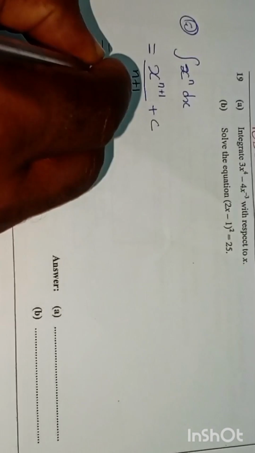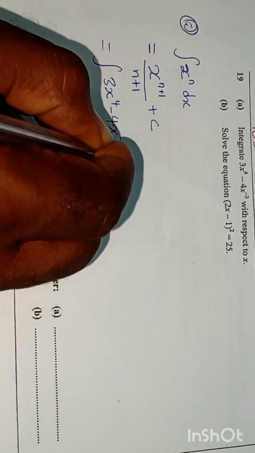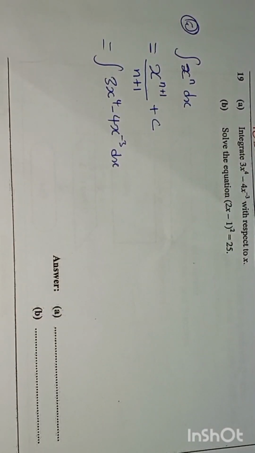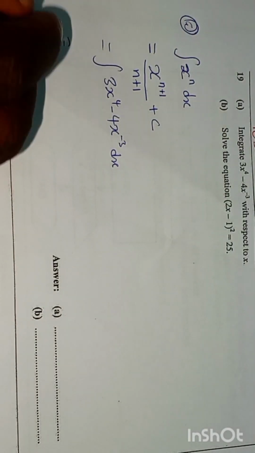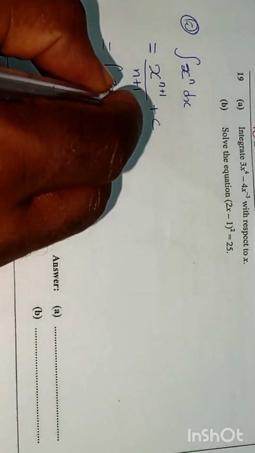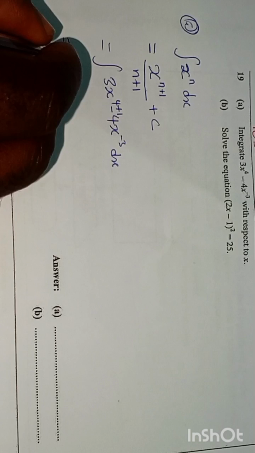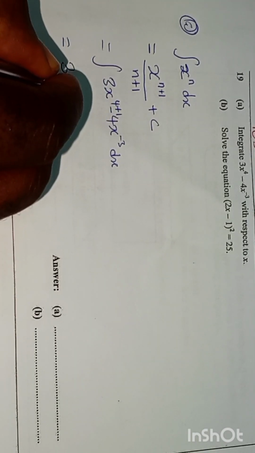So that's what we are going to do. We have 3x to the power 4 minus 4x to the power negative 3 with respect to x. Remember that when we are integrating, we increase the power by 1. So it's going to be 3x, 4 plus 1, it is 5.